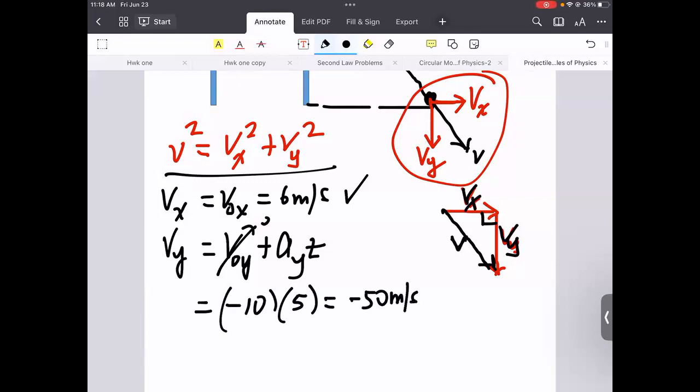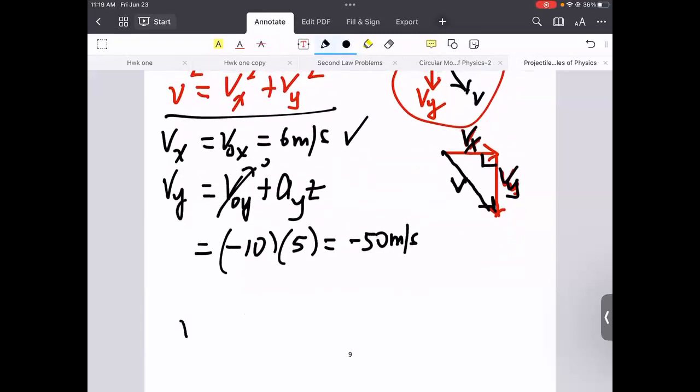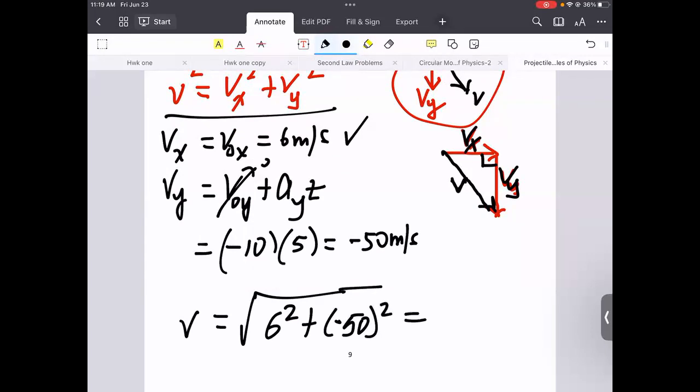Then you can go ahead and find your V. V will be the square root of Vx, which is 6, squared plus minus 50 squared. That will give you the magnitude of the striking velocity.